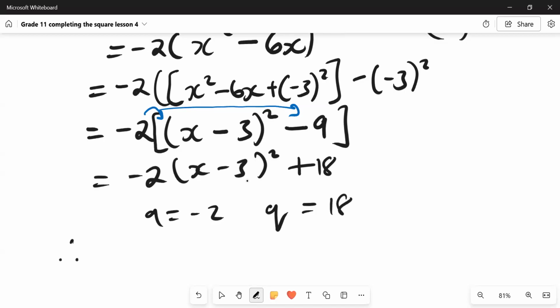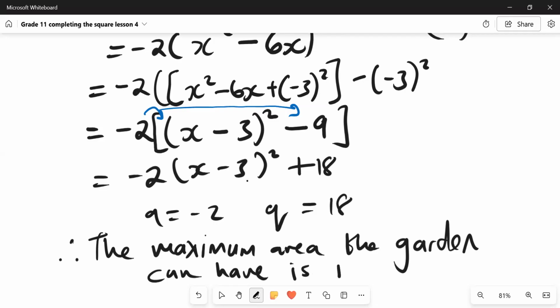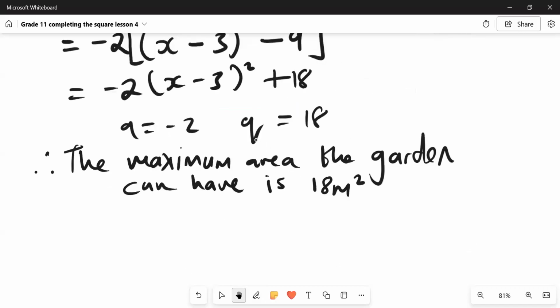And therefore the maximum area the garden can have is 18 meters squared, because this is a what? An area. So we'll have 18 meters squared.